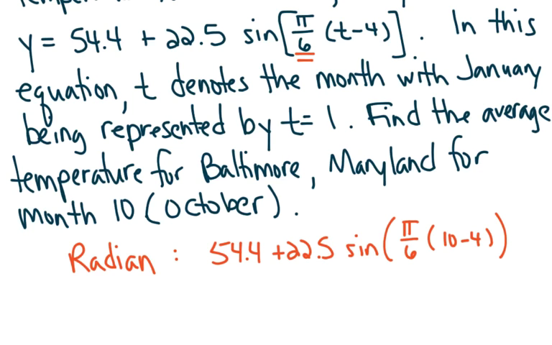And you're going to find out the answer for October is about 54.4 degrees, and I would assume this is in Fahrenheit. That makes sense because in October, fall, we're starting to cool off, so that seems like a reasonable answer for the average monthly temperature.